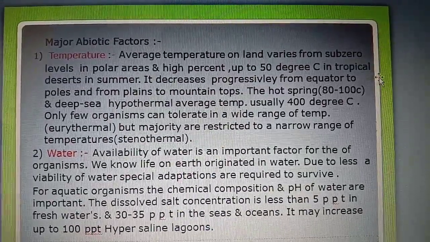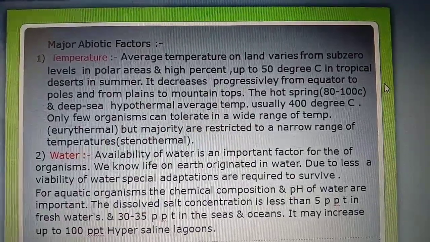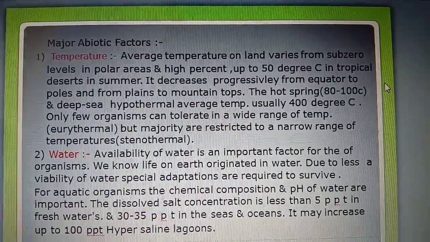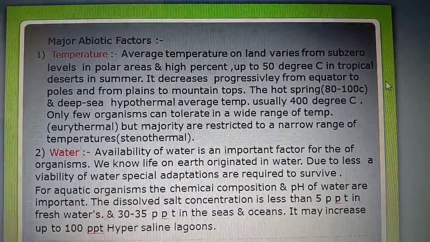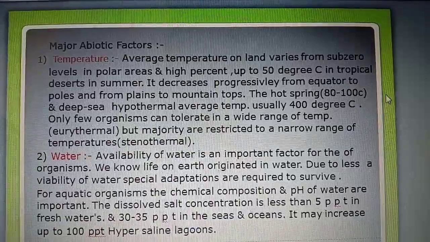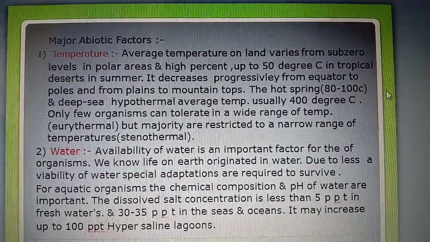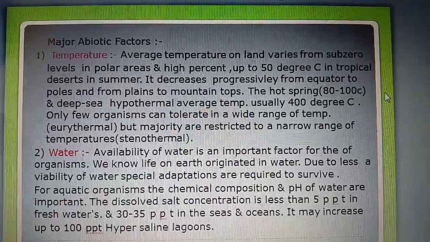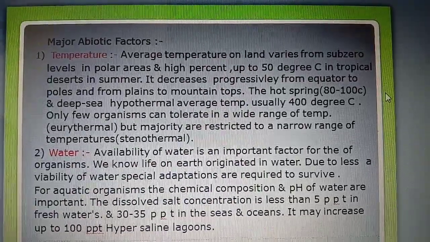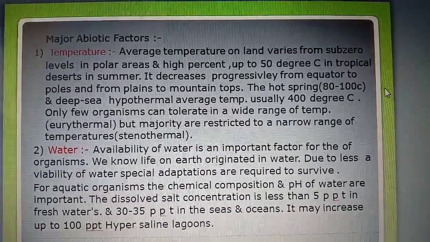The polar areas mean snowy regions, and in the polar areas the temperature is low. It decreases progressively from the equator to the poles and from plains to mountains. Means these temperatures decrease.